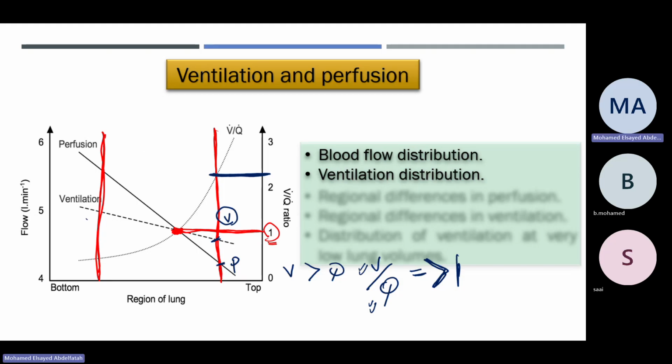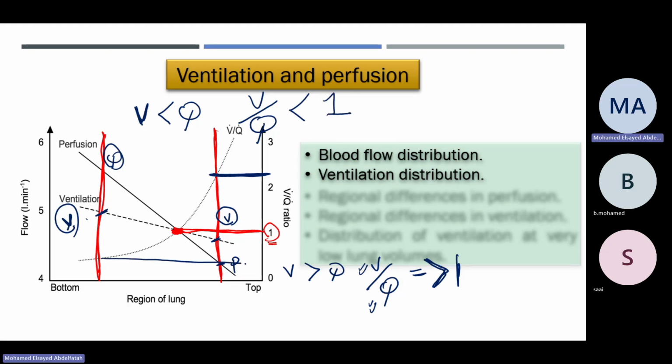The other line, this is ventilation and this is perfusion. It's evident that ventilation is lower than perfusion. So VQ ratio will be less than 1, as you see here, okay? So for gas exchange to be optimal, the VQ ratio should be at or around 1.